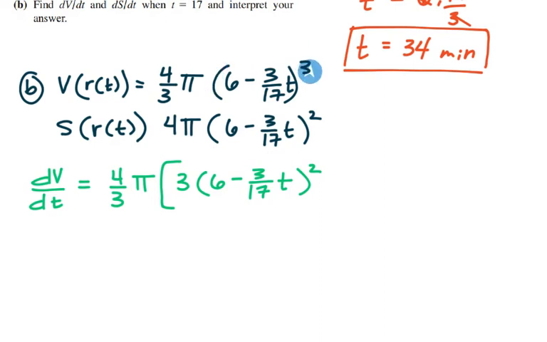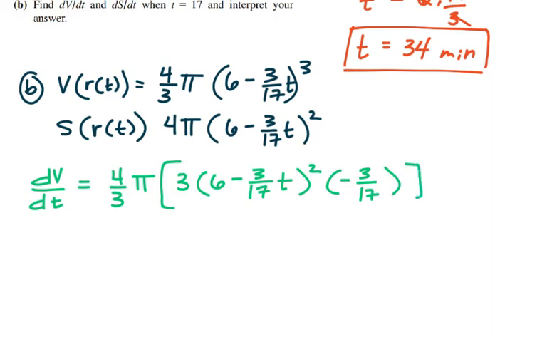The 3 came in front. I subtracted 1. But because this is not just t on the inside, we also need to take the derivative of the interior. The derivative of 6 is 0, and the derivative of negative 3/17 t is going to be negative 3 over 17.